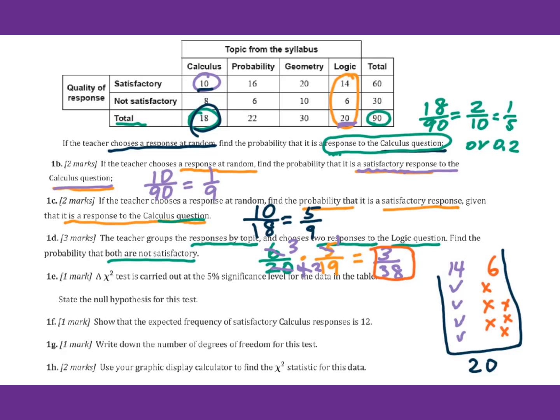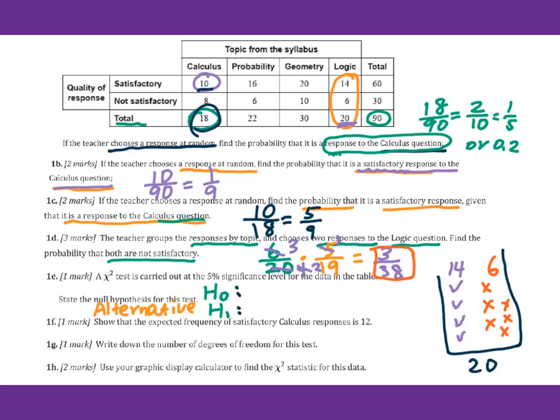For 1E, state the null hypothesis for this test. That means H0. H1 we call the alternative hypothesis.